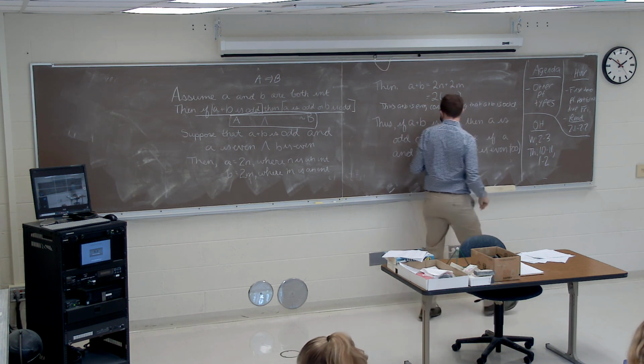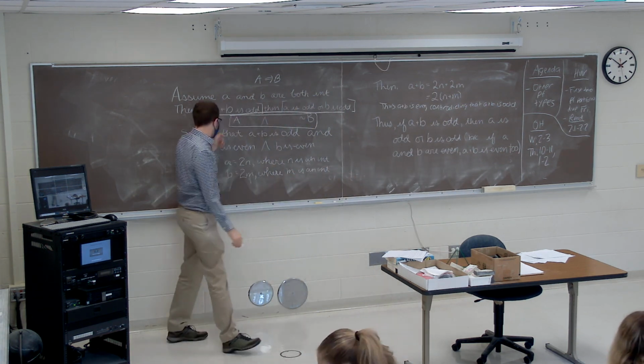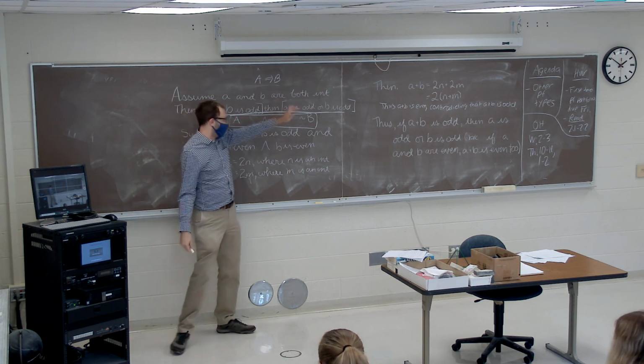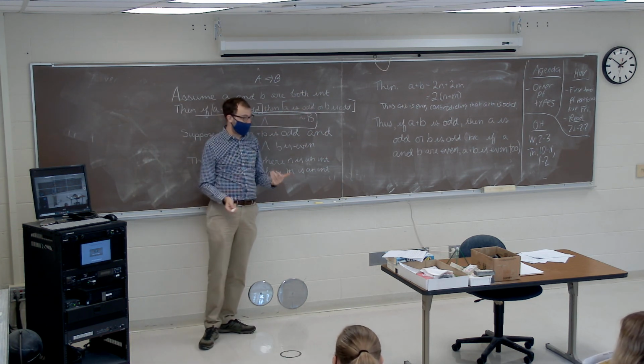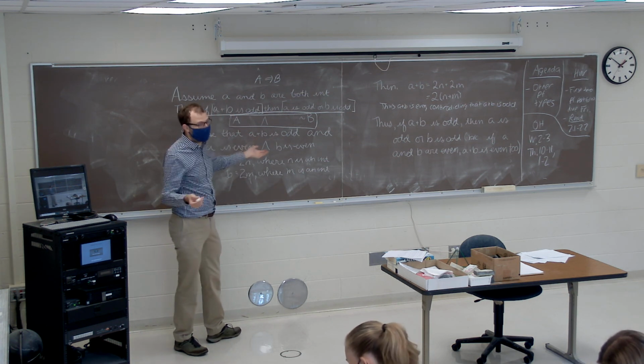But otherwise I think this proof works really nicely. You assume that if your hypothesis is true and the conclusion is false, then something happens which can't possibly happen, which is that little a plus b has to be both odd and even.